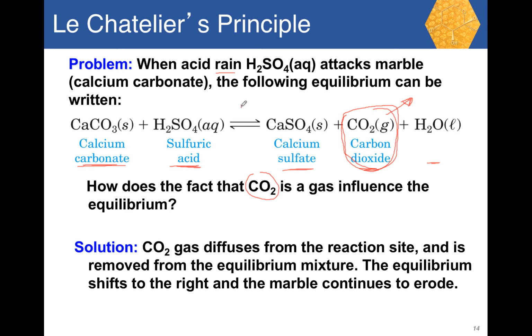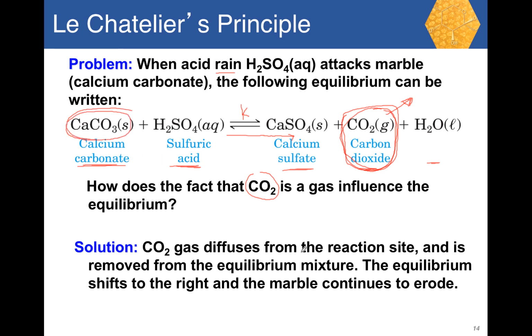So once this equilibrium has been established, if carbon dioxide is removed, the equilibrium will shift to the right to accommodate producing more carbon dioxide. If that happens, we'll have more erosion of our stone. Right?